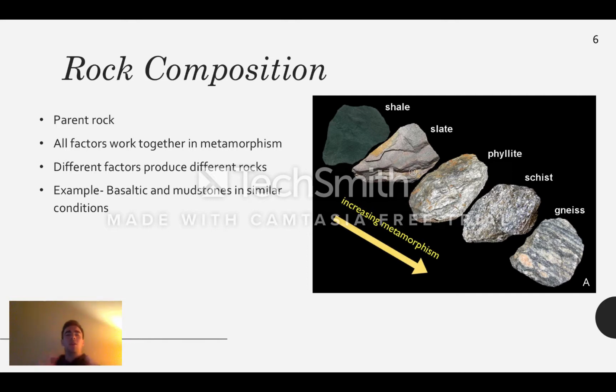Another weird thing is that with the same pressure and the same fluids but a different temperature, the heat can also change the way the parent rock changes, even though it's a small factor of metamorphism.